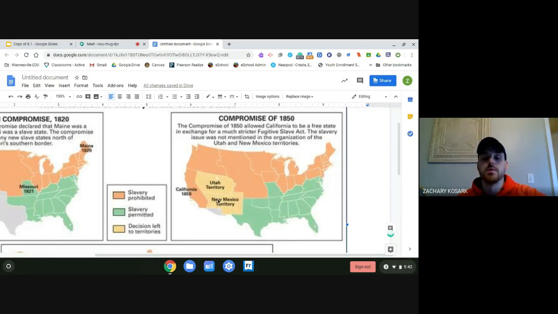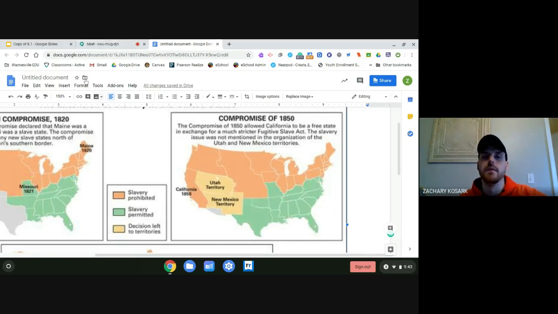For the Utah and New Mexico territories, Congress couldn't say free or slave. The territories themselves had to say free or slave. They would decide. So they leave it up to them to decide, which is really what the southern states want. The southern states want other new states to decide. They don't want it to be told to them.